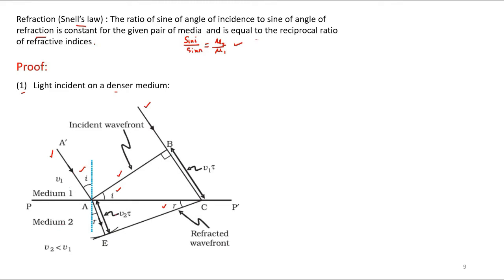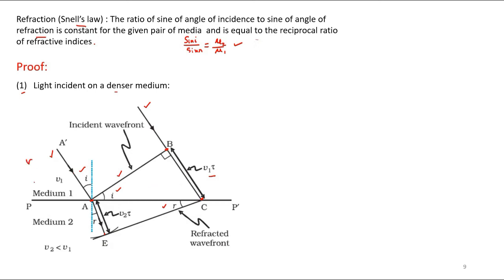Now we have to construct the refracted wavefront. What we should do? We should assume that by the time the point B reaches C, the point A reaches E, and the velocities are different, V1 and V2.